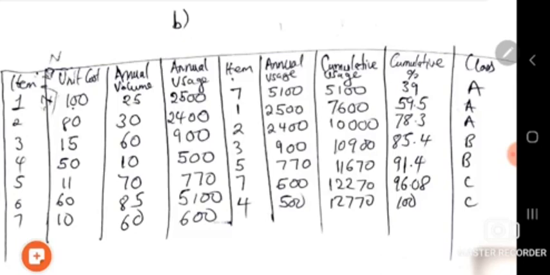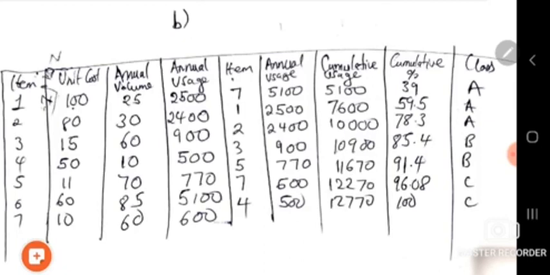You start with the highest annual usage, which is the 5,100, and then you keep on adding. Cumulative is an addition. It keeps on adding until the end. So you start with your 5,100, the first figure. Then you see what was the second highest, 25, right? So add it. You don't just put the 25 in the cumulative column. No, you add, as the term itself means. So now you have 76. You now go to the 24. 24 plus 76 is 10,000, until you reach the end.